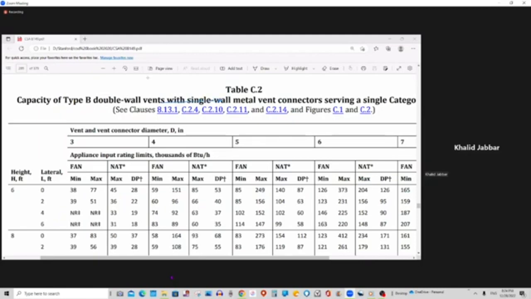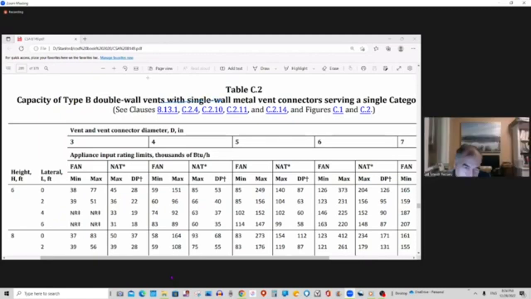Got it? I do have an appliance, category 1. The type of vent is B vent, and the type of connector is single wall connector. Okay, and it is natural draft in a tight house.